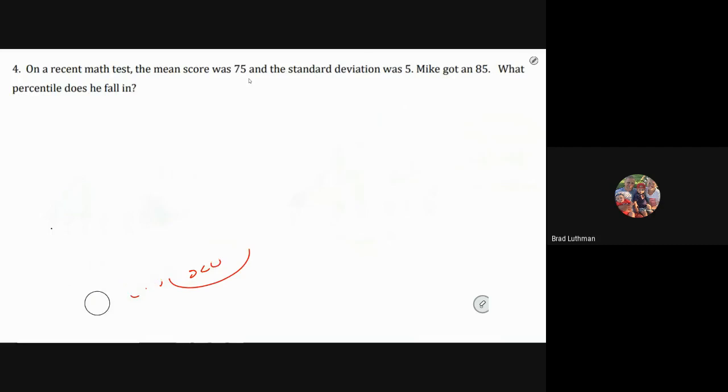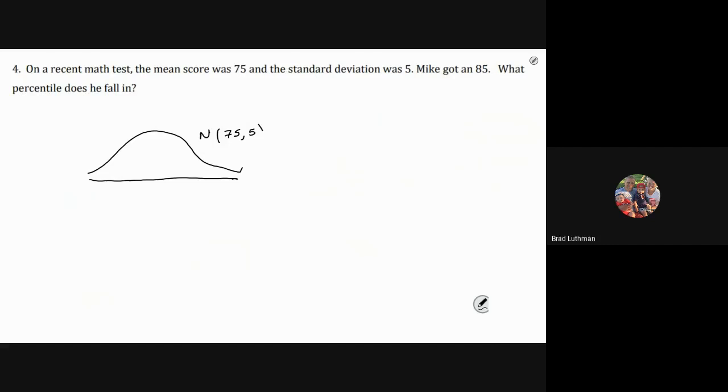If you remember way back in the beginning of the semester, we talked about percentiles as the percent of data that falls below a certain person. So when Mike got an 85, what we need to have happen is this 85 to end up right on a standard deviation mark, which we'll see. So 75 mean, 5 standard deviation.